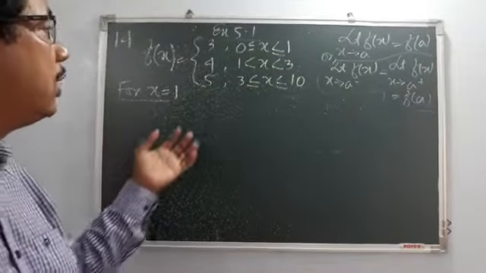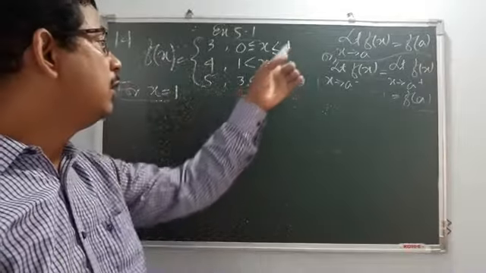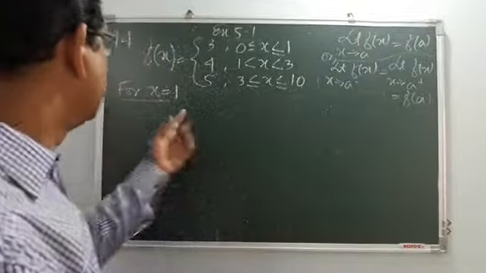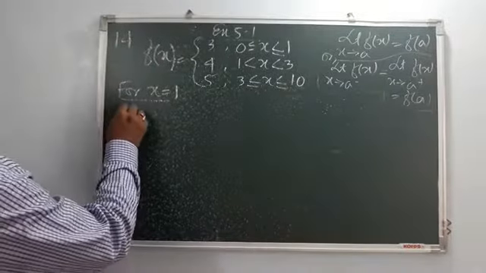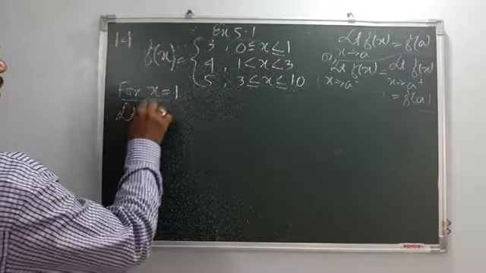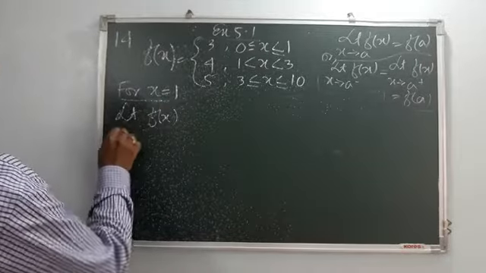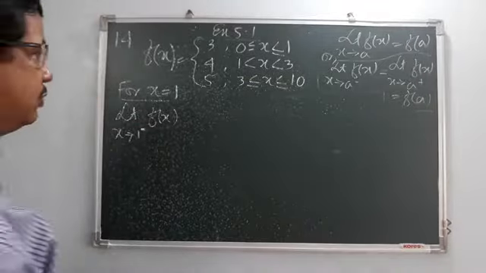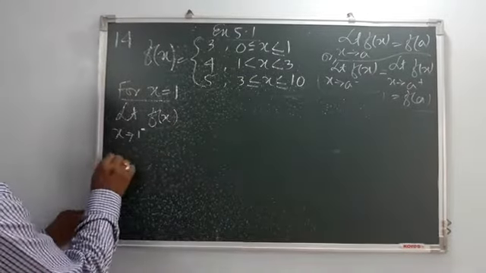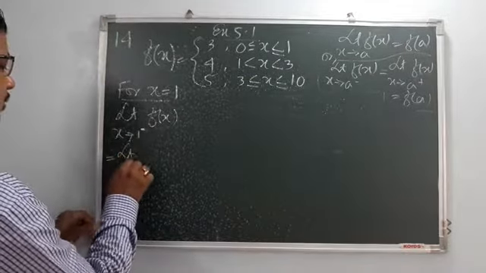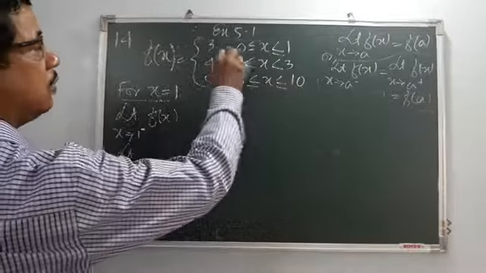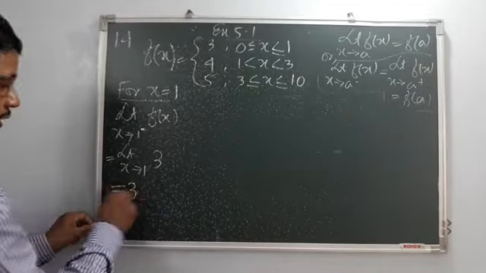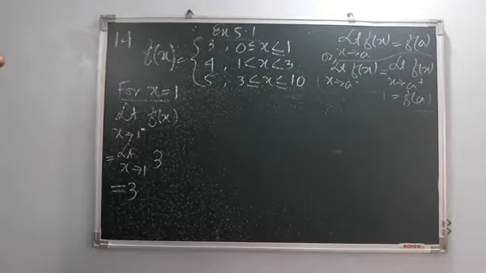So the possibility of discontinuity is only at the points 1 and 3. For x equal to 1, we consider the left hand limit, limit of f(x) as x tends to 1 minus, little less than 1. When x is less than 1, the value of f(x) is 3, so of course its value will be 3.